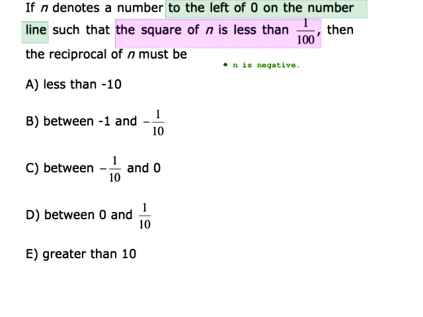And they're asking us a question about the reciprocal. But what we have is n squared is less than 1/100. N squared, rather, not n.